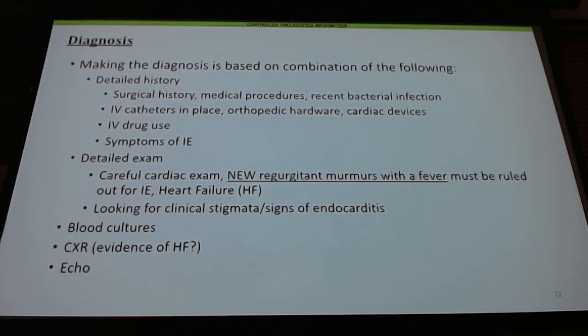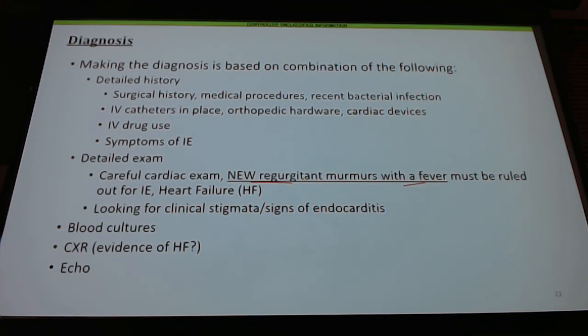For the physical, definitely take the time to listen to all of the auscultatory sites, looking for a regurgitation kind of murmur, because that could suggest that a vegetation is there and it's interfering with the closure of that valve. So looking for that new regurgitant murmur with a fever, be highly, highly suspicious for infective endocarditis.